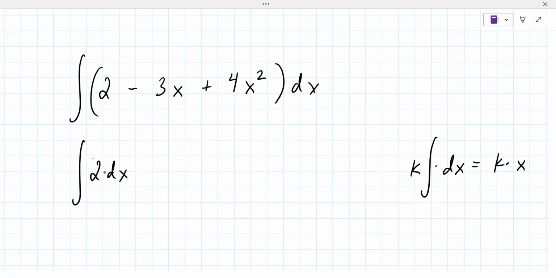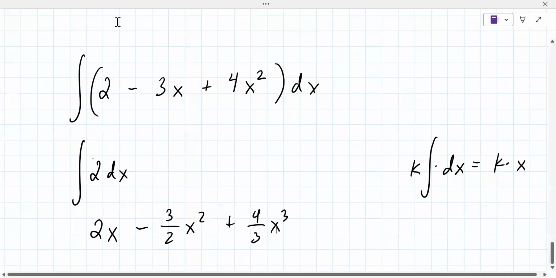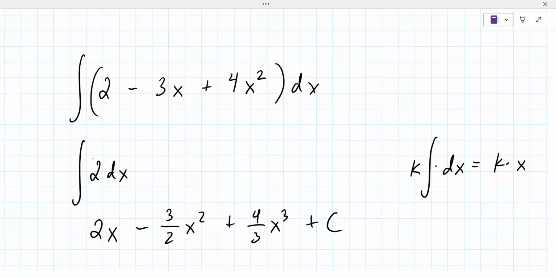So 2x, yes. Minus, now the other ones you're getting 3/2 x squared plus 4/3 x cubed, plus c, sorry, plus c, not dx.